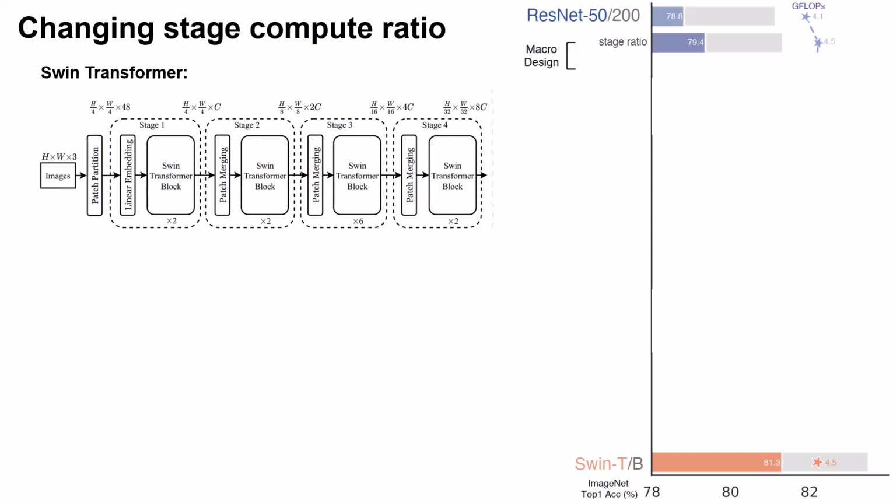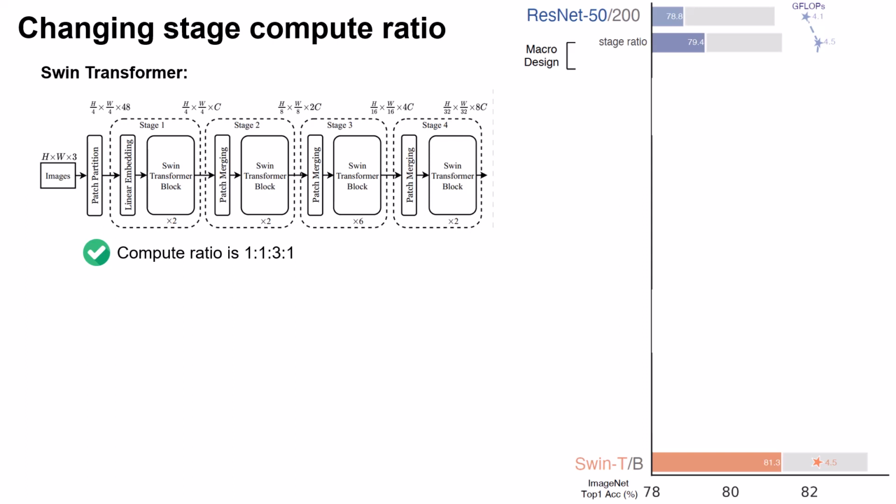We have 4 stages and the compute ratio is 1:1:3:1, because in the first stage we have 2 Swin Transformer blocks, and in the second stage we again have 2 Swin Transformer blocks, but for the third stage we have 6, and again for the fourth stage we have 2. And if we divide these values by 2, we reach this compute ratio, which is 1:1:3:1.